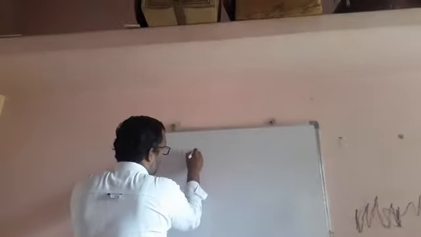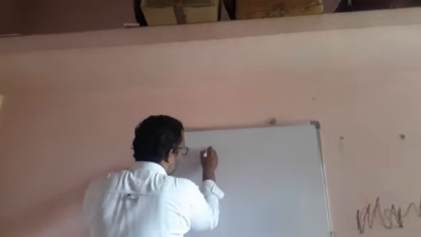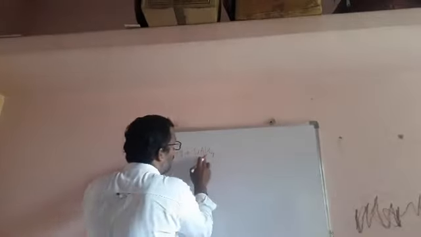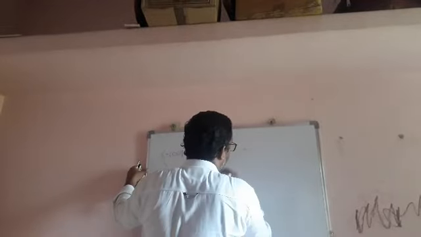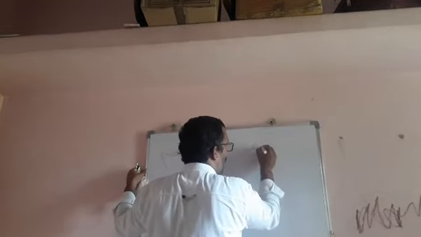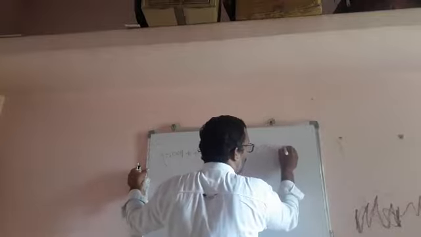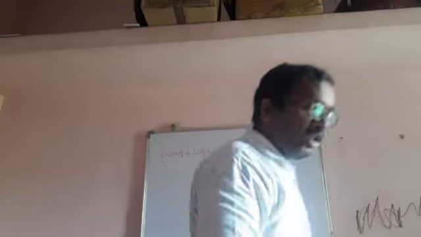The carboxylic acid is represented by the RCOOH group. RCOOH is reacted with lithium aluminum hydride, LiAlH4, and gets converted to RCH2OH. This is the alcohol.